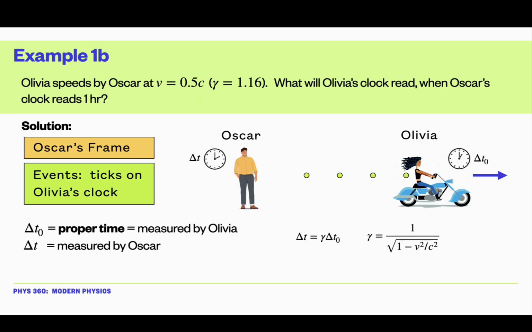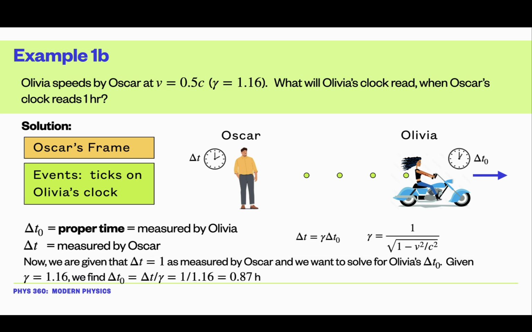In the previous example, we saw how long one tick on Olivia's clock would take in Oscar's reference frame. We now ask a slightly different question, which is, what would Olivia's clock read when Oscar's clock reads 1 hour? Once again, Olivia will record the proper time and Oscar will record the time-dilated value.